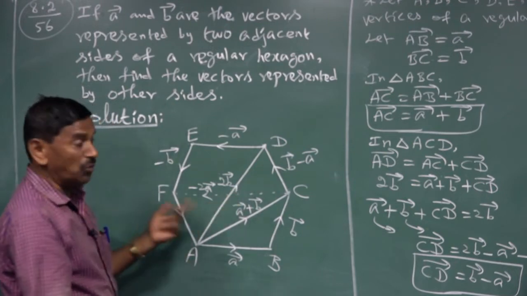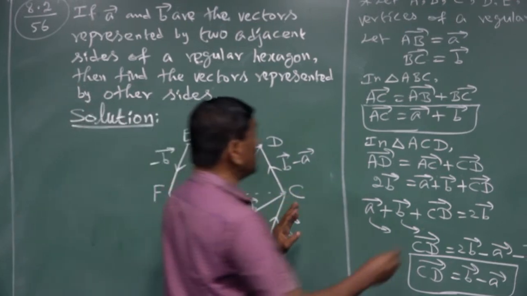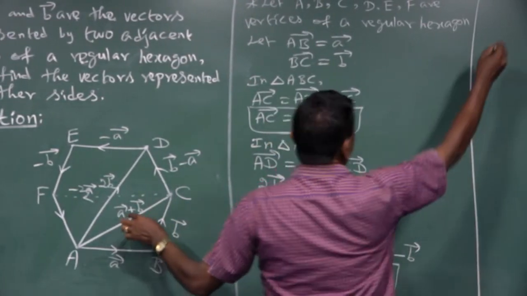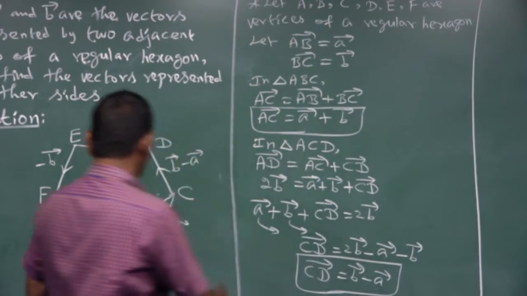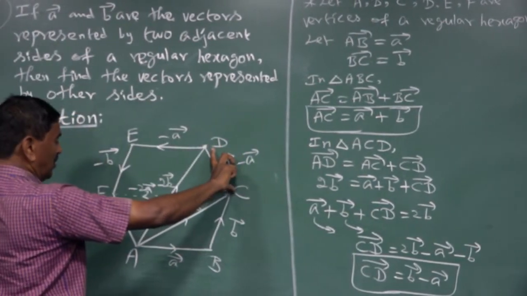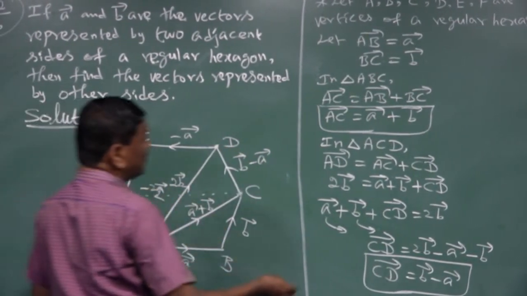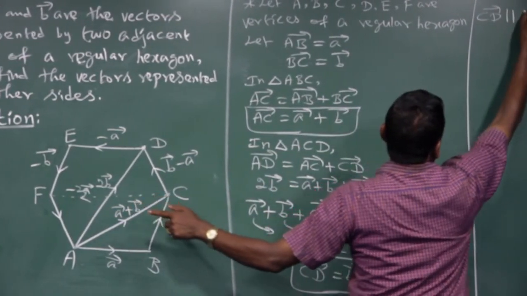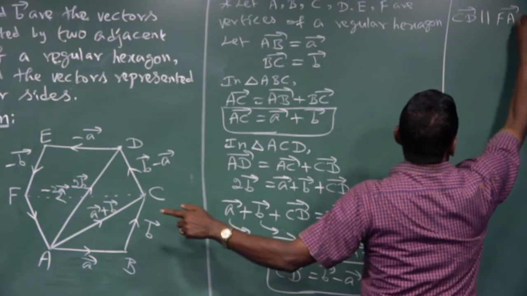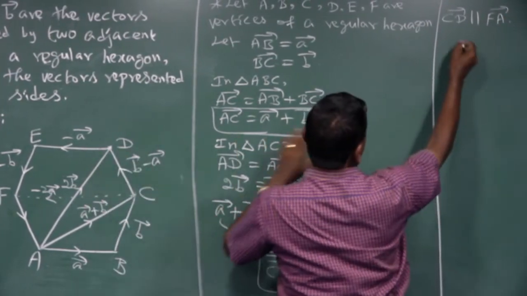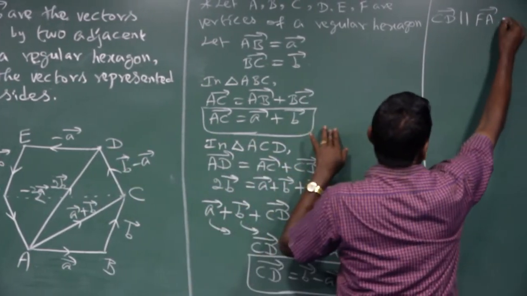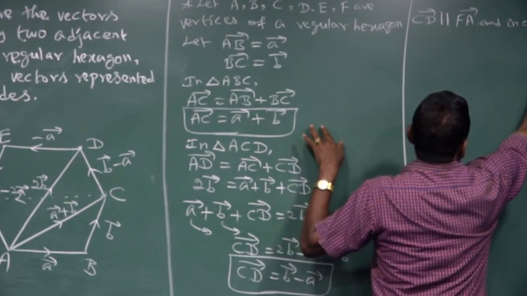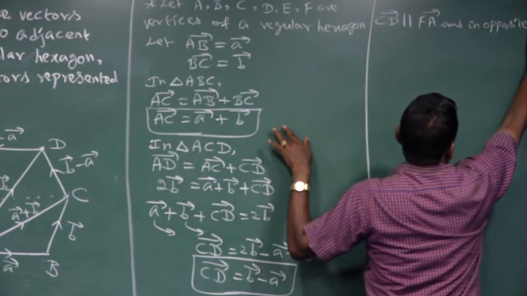Therefore, let us write the proportion. Here, CD vector is parallel to FA vector and in opposite direction.